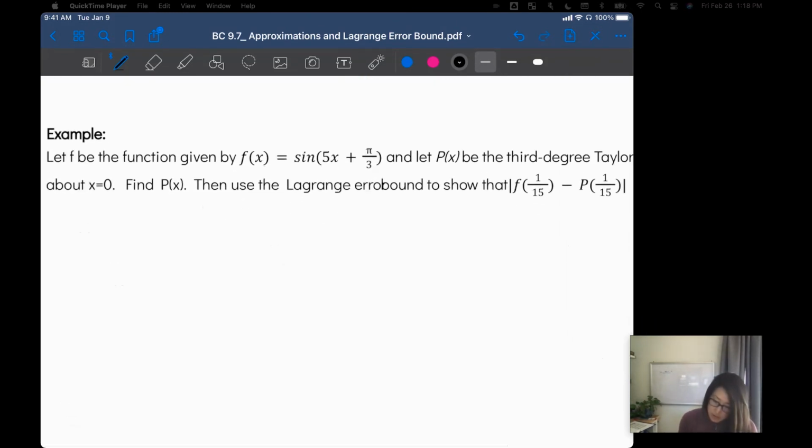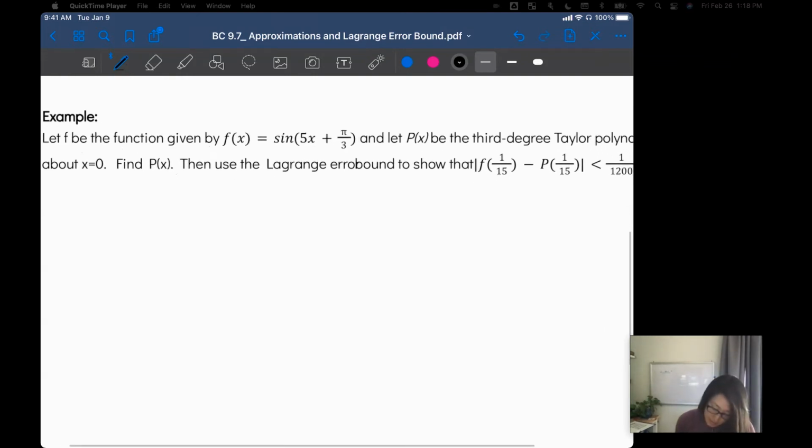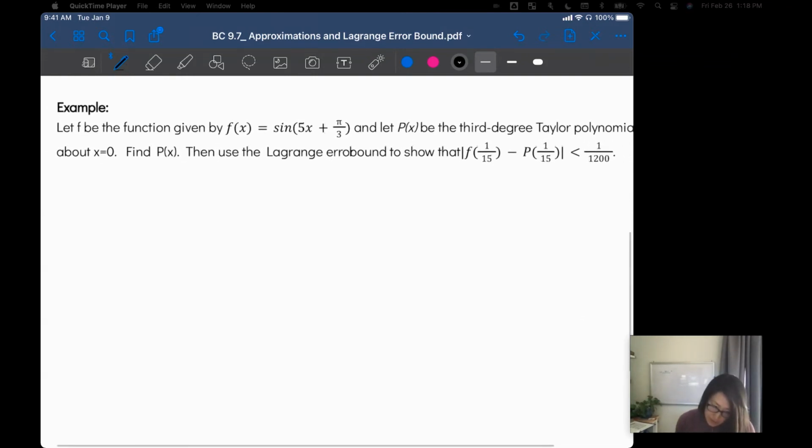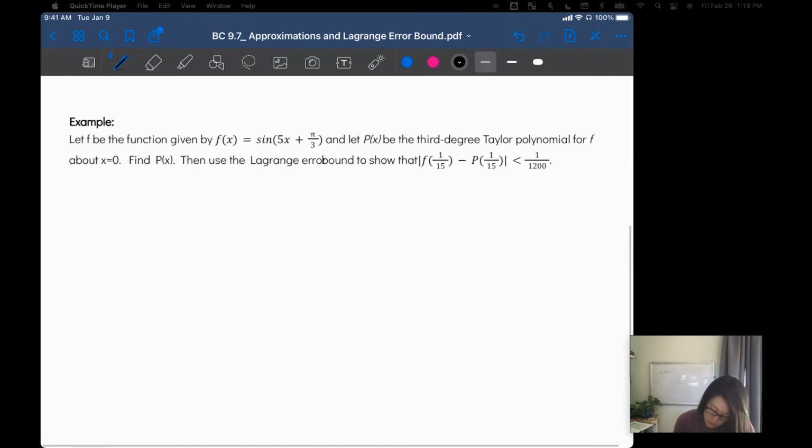So we're going to let f be a function given by sine of 5x plus pi over 3, and let p of x be a third degree polynomial of f about 0, so centered at 0.